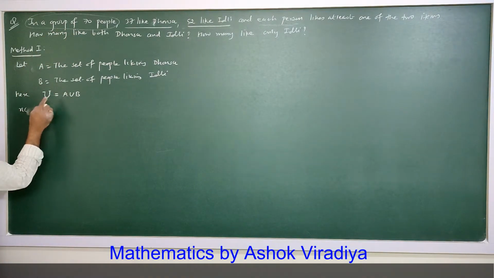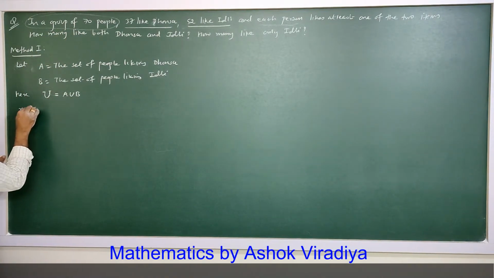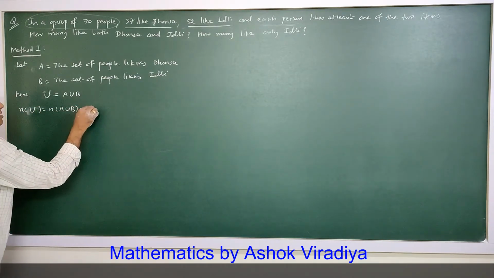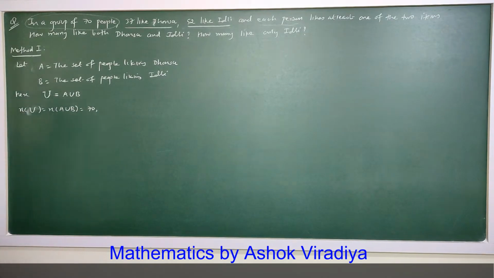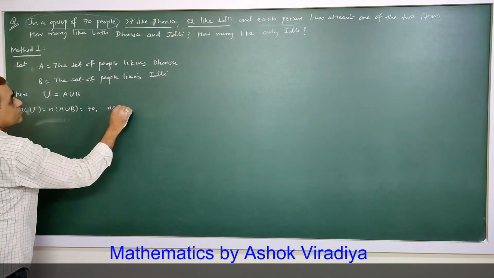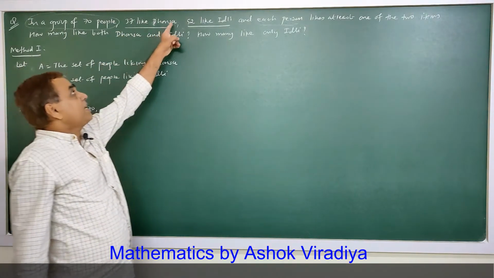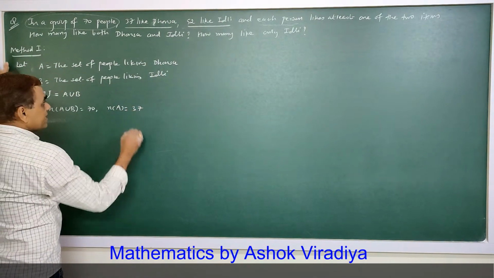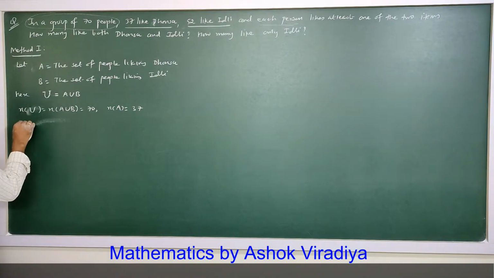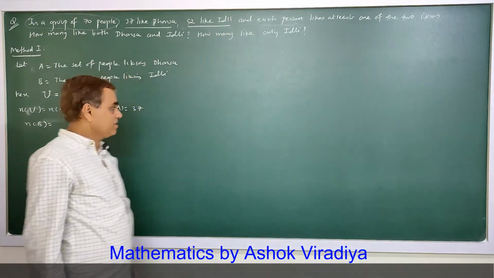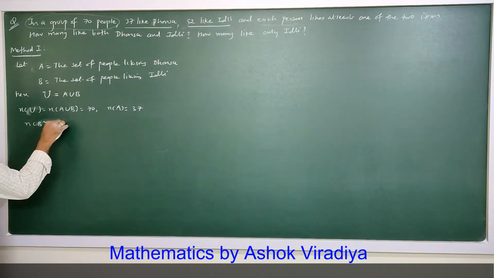So the number of elements in U, or in A union B, is 70. 37 like dosa, that means set A contains 37 elements. 52 like idli, the number of elements in B is 52.